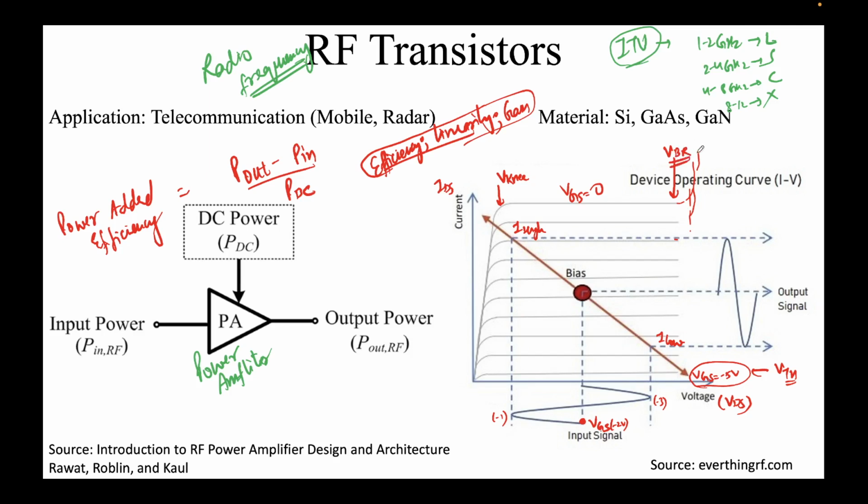Your device can only be operated in this range. The drain bias that you can apply is only this much. Please note that. Or rather, the output voltage can only swing between these two extremes. With a knee voltage of 2 volts and breakdown voltage of 55 volts, it has a maximum output power rating.